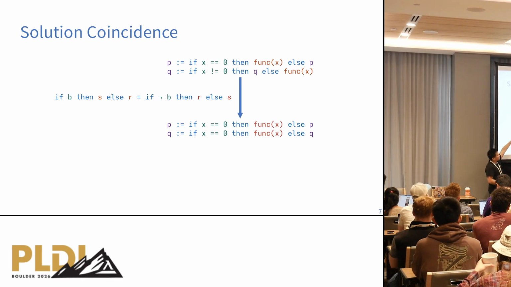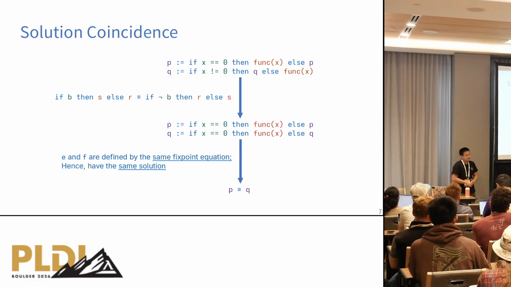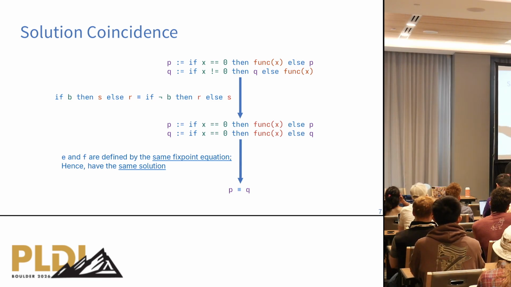And we can rewrite via these rewrite rules, and we get a new fixed point equation. And we notice in this fixed point equation, P and Q are actually defined in exactly the same way. Therefore, we can conclude P equals Q. Right? So this is basically the intuition behind this.